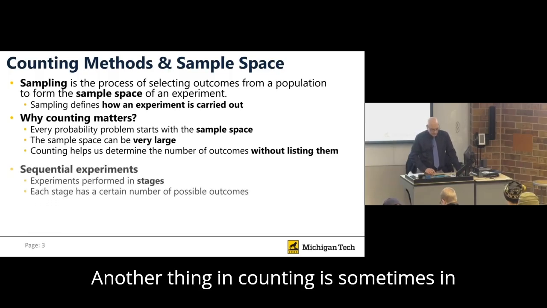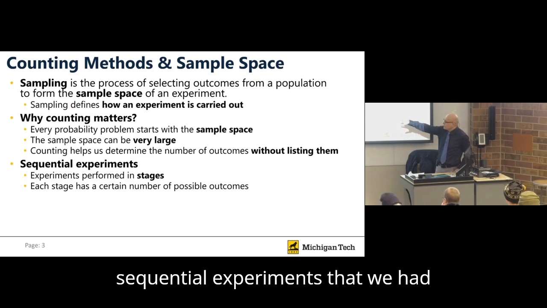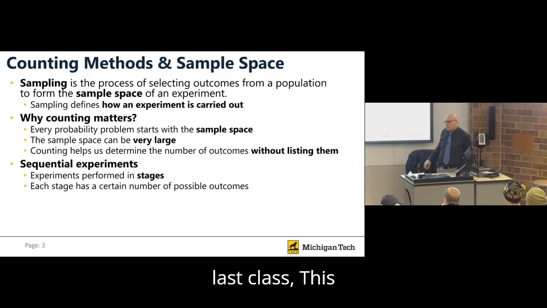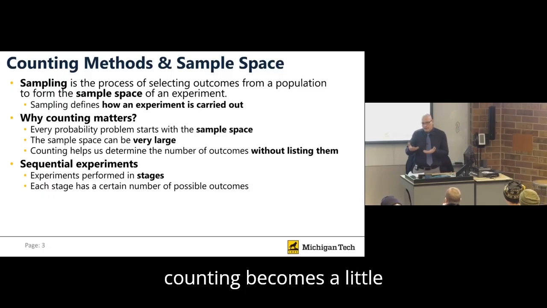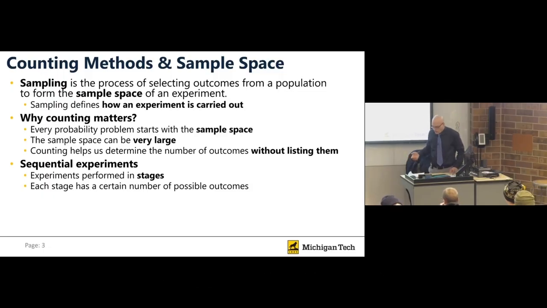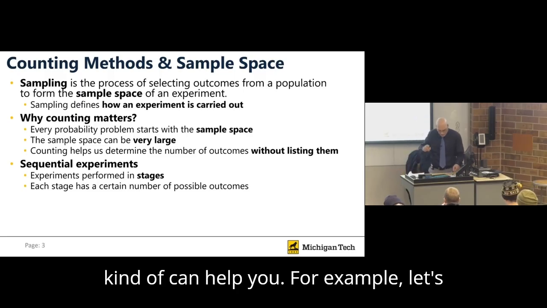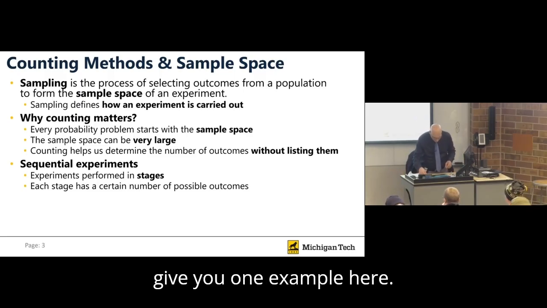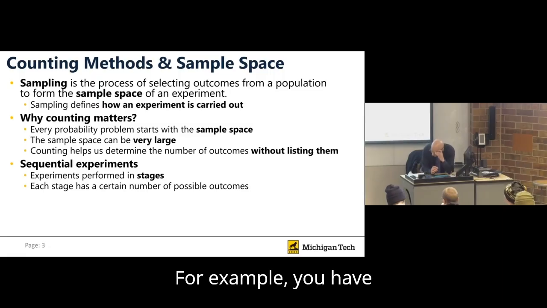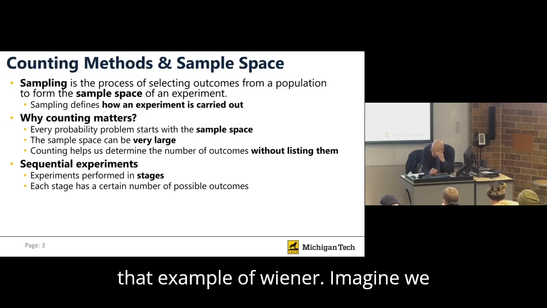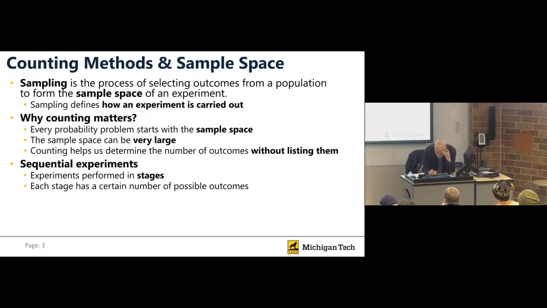Another thing in counting is that sequential experiments, like the ones we had last class, make counting a little complex. If you know the formula, it can help you. Let me give you one example here. You have that example of winners. Imagine we have 75.